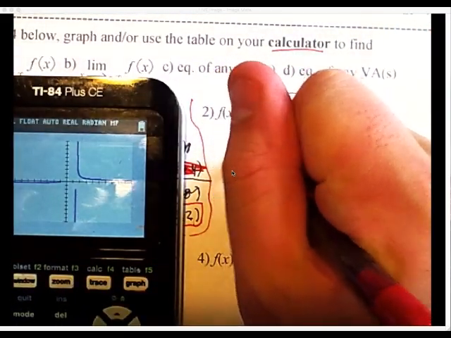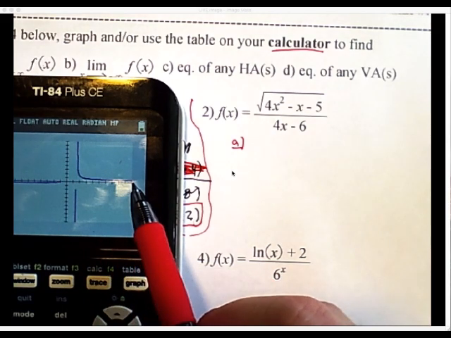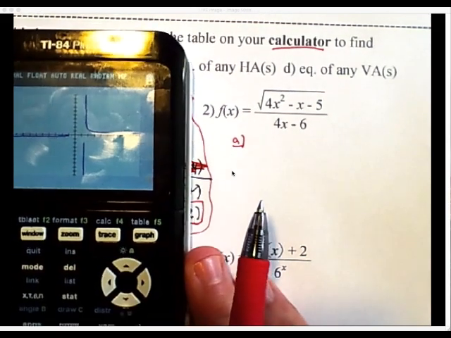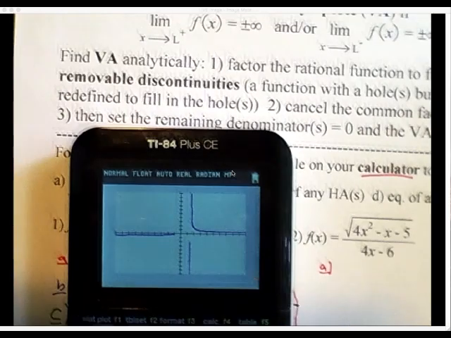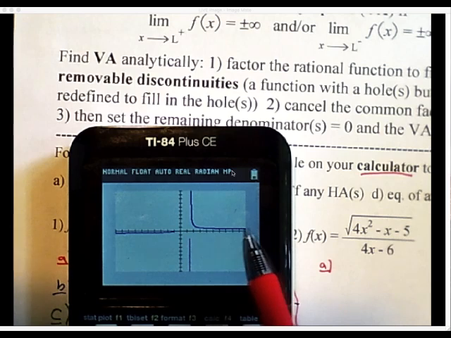What happens to this graph the further I get out towards positive infinity? It looks like, to me, it's hard to see. All right, so it looks like as I go further to the right, this is getting more straight, and it looks like it's approaching a certain number. My goal is to figure out what that number is.